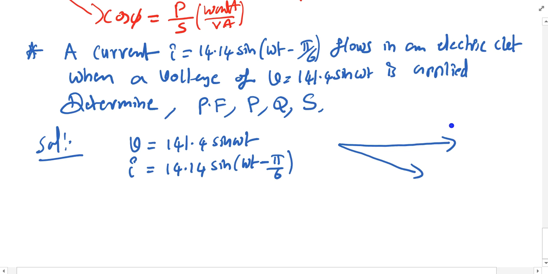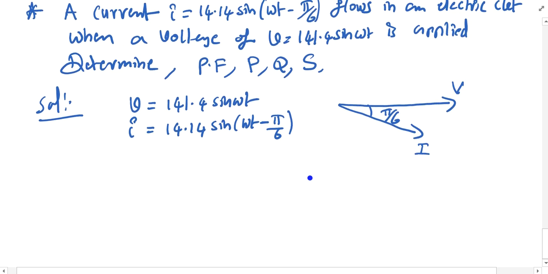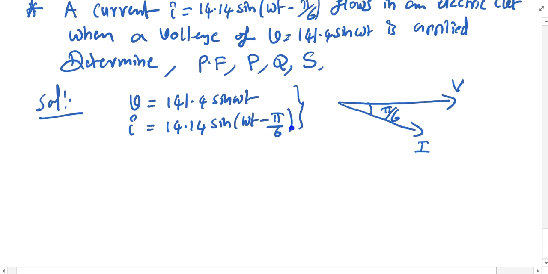My voltage is here and my current will be here. My current will lag the voltage by this π/6 angle, that is 30 degrees. By seeing this expression I can identify which type of load it is, whether inductive load or capacitive load. Obviously it is minus π/6, so it is an inductive load, therefore my current lags the voltage by this angle. So that is the information I am getting.